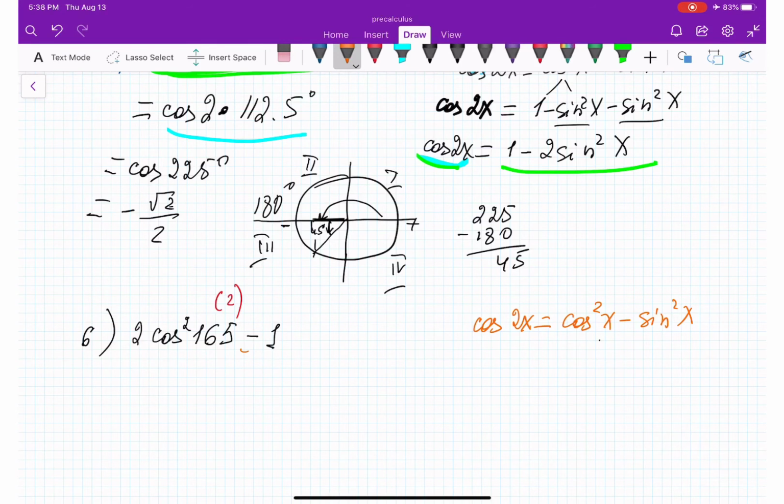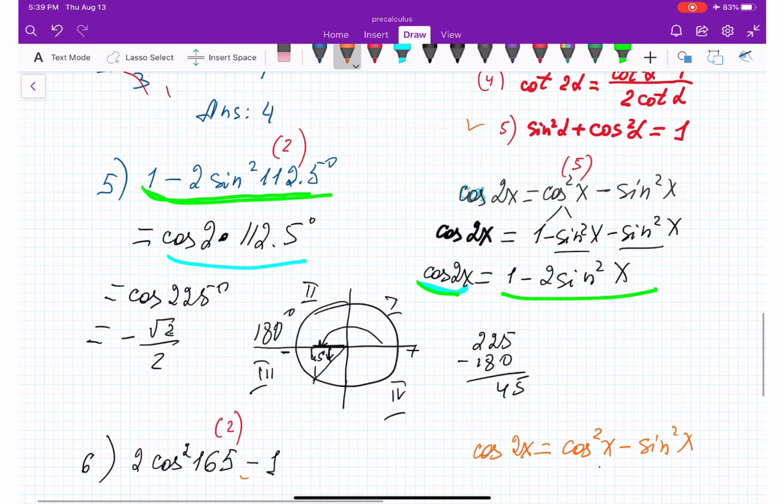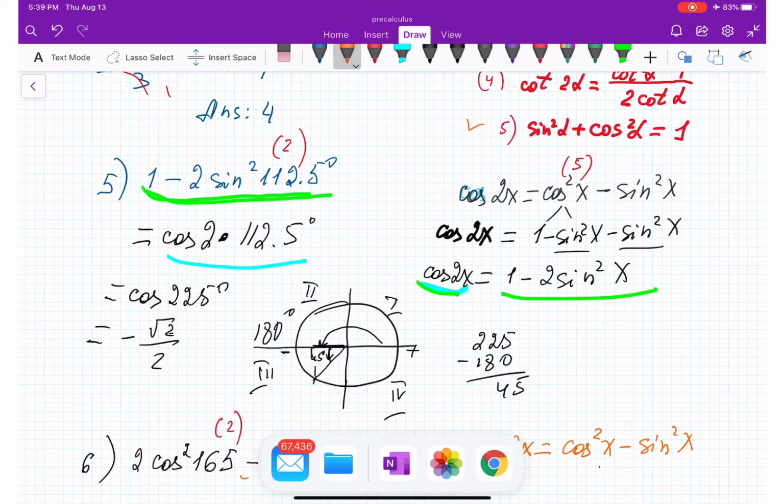All right, so from here I'm using formula 5, this one, sine squared plus cosine squared equals 1.